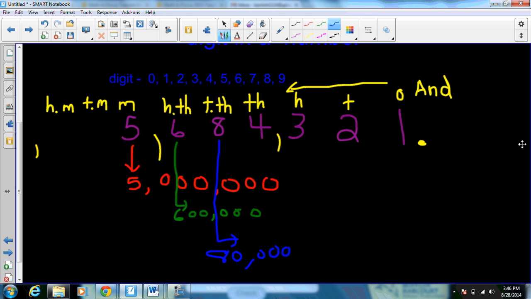So that would be the word form of this number. 5,684,321. If I wanted to, writing out each place value like this, like we were doing down here, that's called expanded form. So this is expanded form.